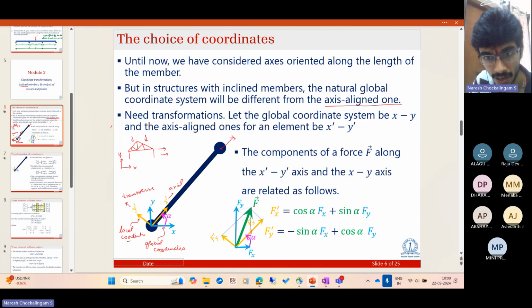It is fx cos alpha. And the component of fy along fx dash? If this is alpha, this is 90 minus alpha, so fy cos of 90 minus alpha is fy sin alpha. So fx dash is cos alpha fx plus sin alpha fy.